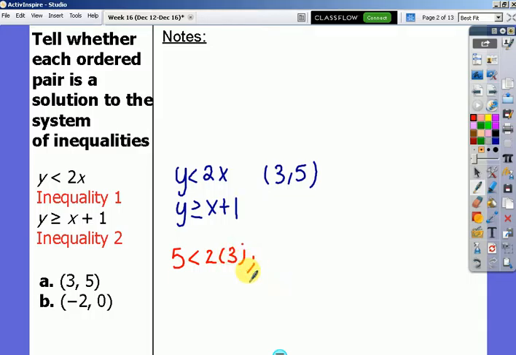It is, right? 5 is less than 6, so that is a solution to that inequality. I have to check the other one as well, verify both. I plug in 5 into the second one. Is that greater than or equal to 3 plus 1? And it is. 5 is greater than or equal to 4, so that works. Therefore, this is a solution.